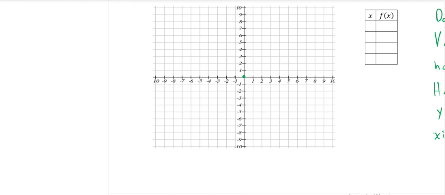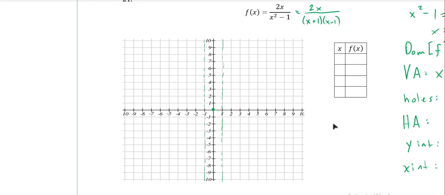Now we had vertical asymptotes at plus and minus 1. And here I would just like to call our attention to the behavior of either being in the same direction of the asymptote. It has to do with whether or not the multiplicity of the 0 in the denominator is odd or even, in the same way that crossing a 0 had to do with whether the multiplicity was odd, or bouncing off of it if it was even.